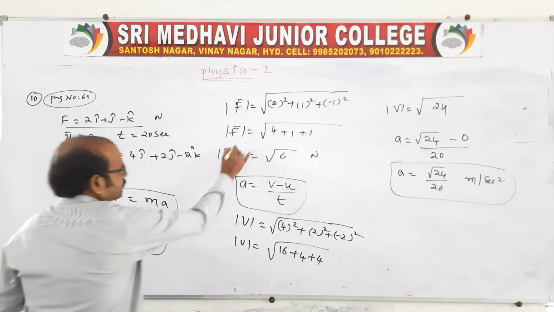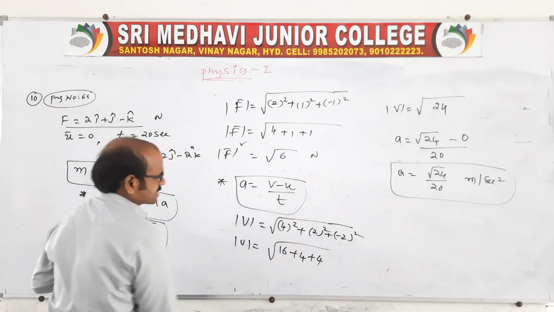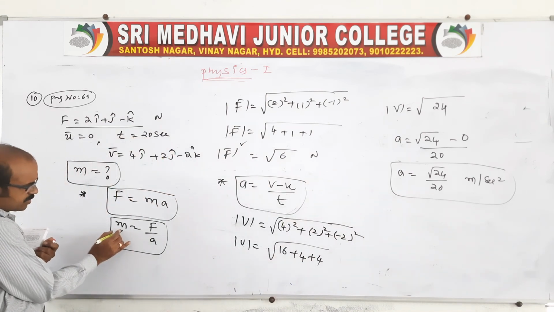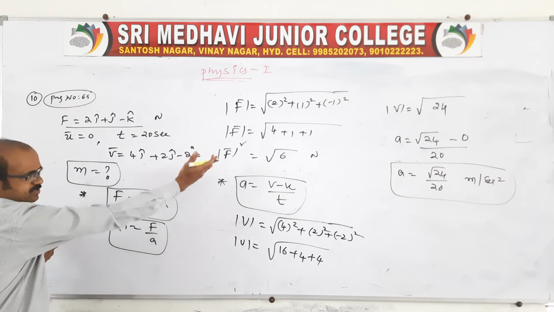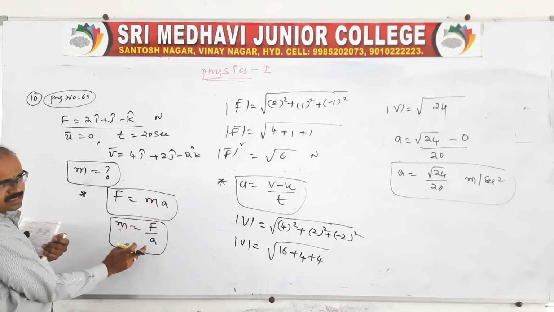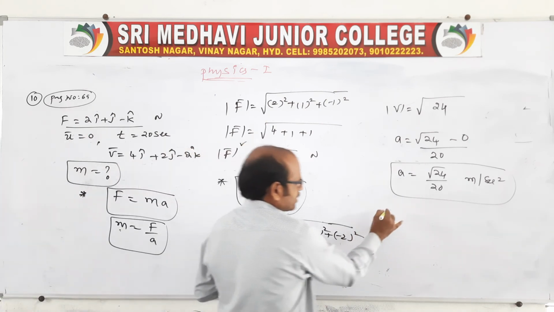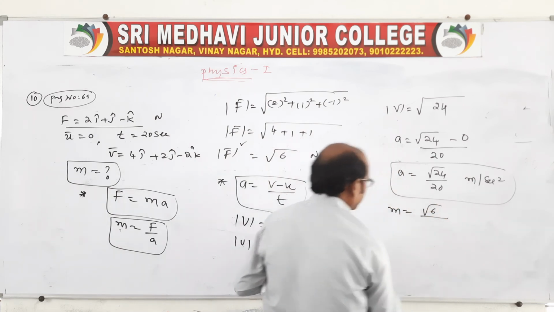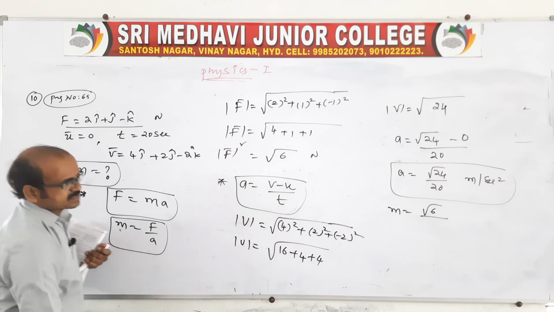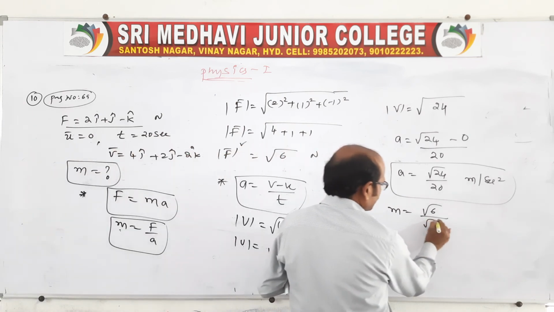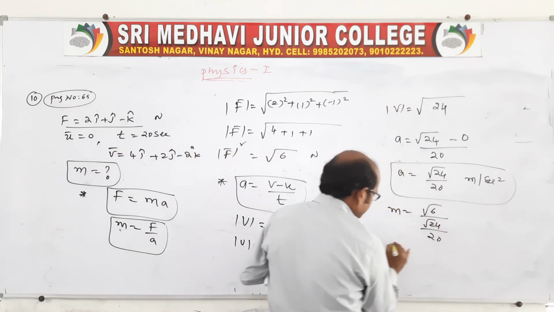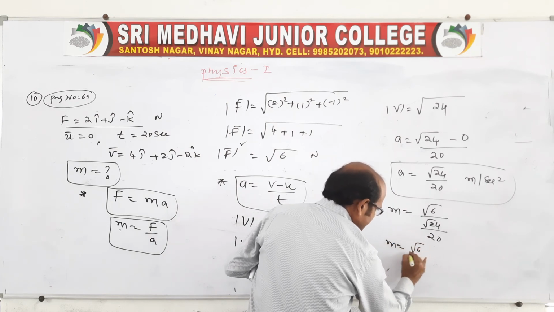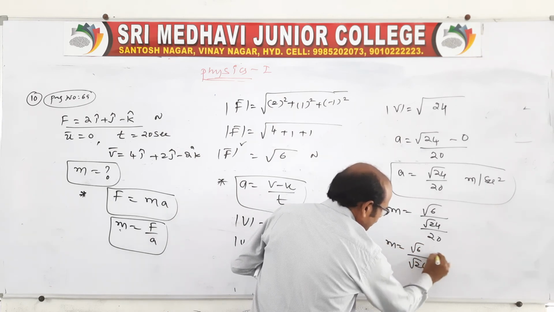Now we know the force and we know the acceleration, and the question asks for the mass of the body. Substitute these values: force is root 6, acceleration is root 24 by 20. So mass is equal to root 6 by root 24 into 20.